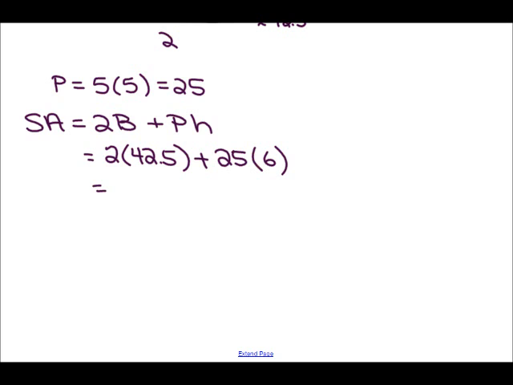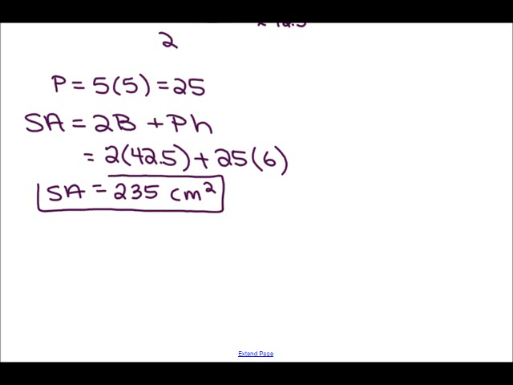Type that all into your calculator and you should get that the surface area is about 235. And our units are centimeters squared.